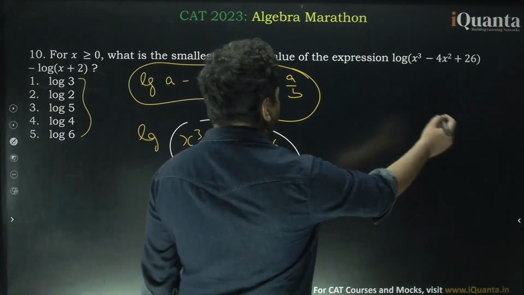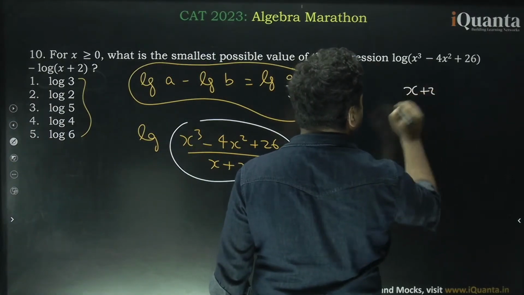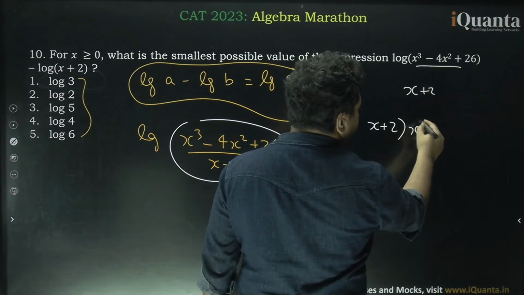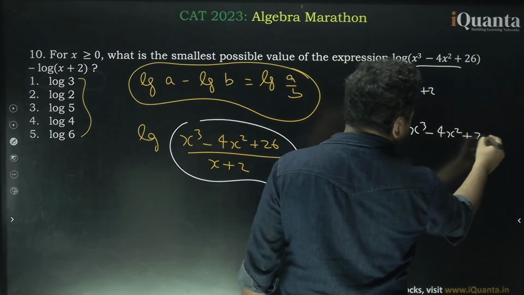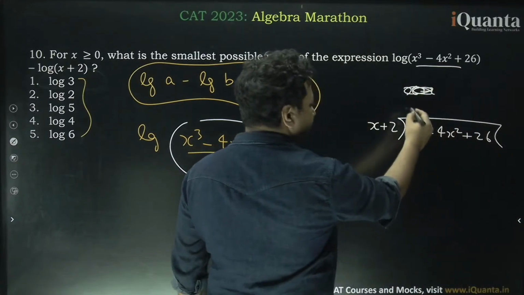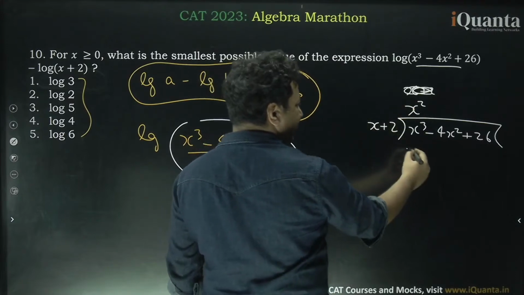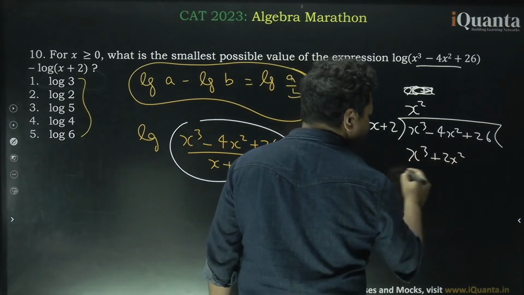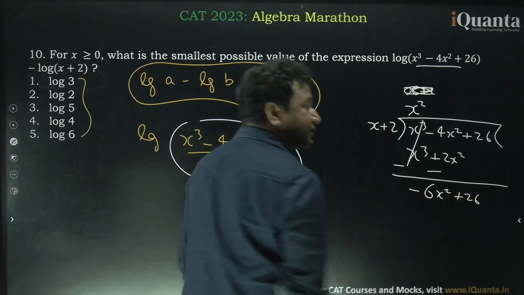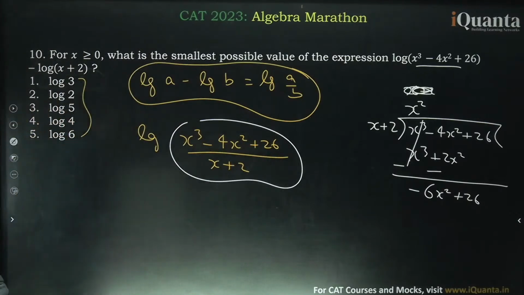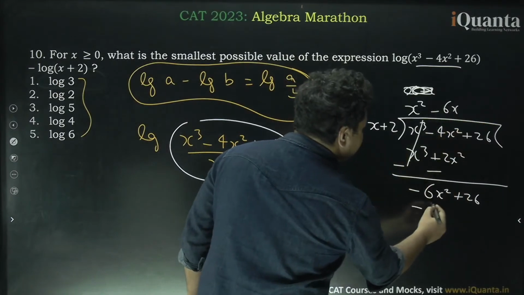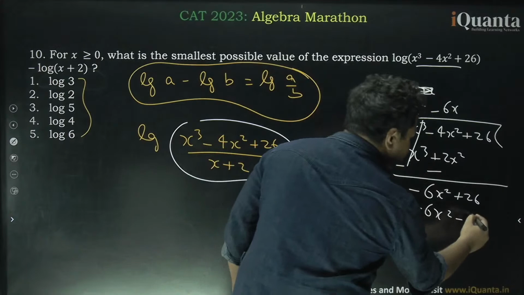Okay. So x plus 2, if I divide this whole by x plus 2, what do I get? X cube minus 4x square plus 26. Quotient is x into x square, I'll get x cube plus 2x square, right? Subtracting, this will be cancelled, I'll be having minus 6x square plus 26. Why I'm doing that? Just to make it simple. Now, I need to put minus 6x over here, so this will be minus 6x square and minus 12x.